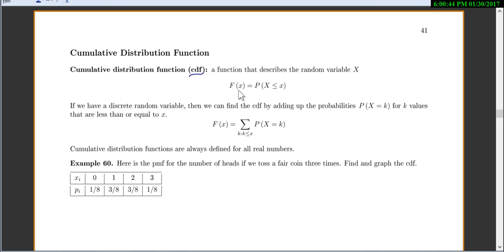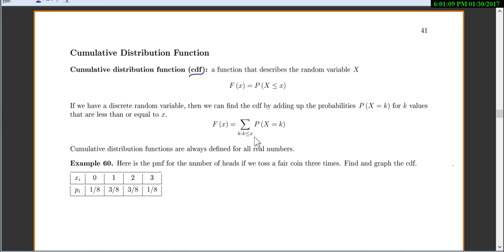So if you have this capital F of x, that's what stands for CDF. And it's always equal to the probability that x is less than or equal to some specific value. So instead of x equals 1 or x equals 2, it's now x is less than or equal to 2, or x is less than or equal to 5. So if we have a discrete random variable, we can find the CDF by adding up all of our probabilities that are less than or equal to x.